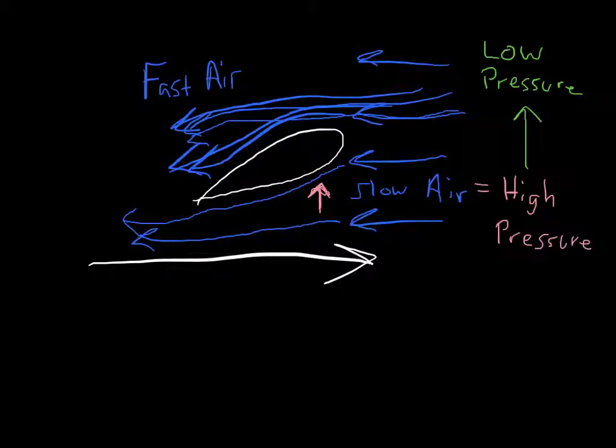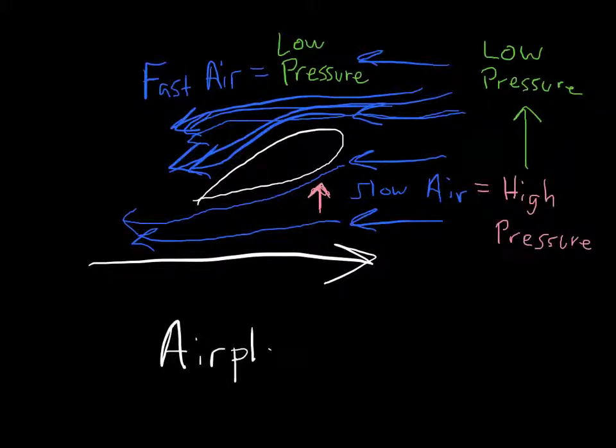So the air getting cut through really quickly leads to fast air above the wing, which means we have our desired low pressure. So a high pressure pushing the wing into a lower pressure area means that our airplane can lift up and our airplane will fly. So Bernoulli's principle governs airplane lift. It's the best example that I can think of for Bernoulli's principle. And that is the end of chapter 9.